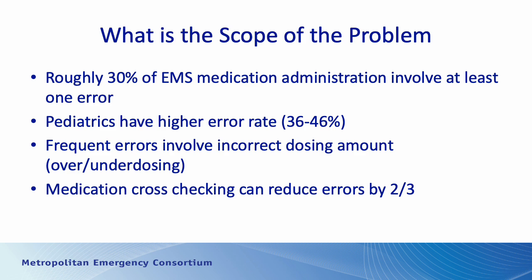The studies also show that the medication cross-check procedure that we use, which we are mirroring from Kansas, can reduce errors by 50 to 60%. Some people refer to it as about a two-thirds reduction in errors if you follow the cross-check procedure that we have in our protocol.